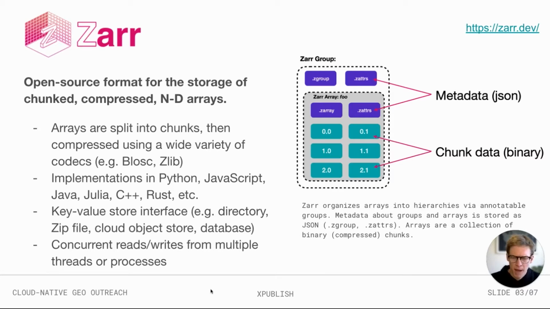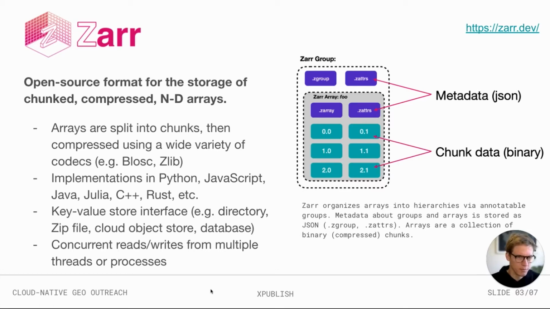On the back end, Zarr stores are really just key value interfaces. So you can use a file system directory. You can use a zip file. Cloud object store is supported, databases, etc. This is what our group looks like.